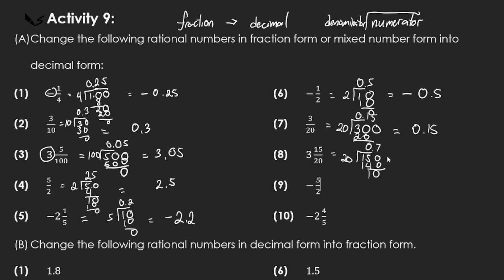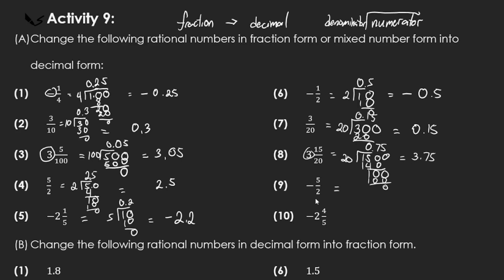We still have a remainder, so let's add one more 0. And this is going to be 100. How many 20's are there in 100? There's going to be 5. So 5 times 20 is 100. And we have no more. This means our answer for this is, let's get the 3.